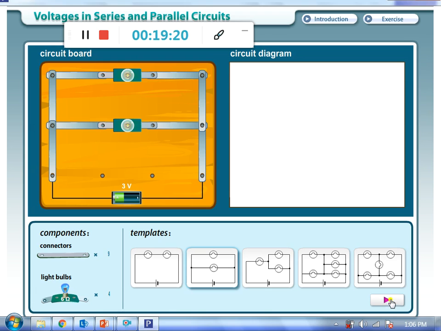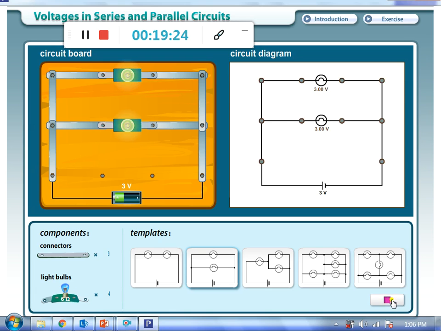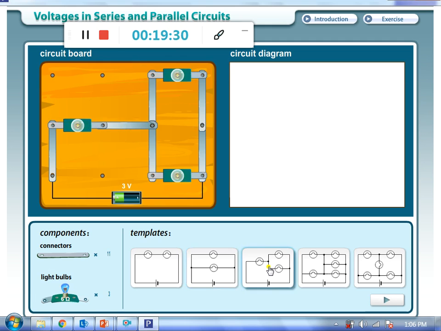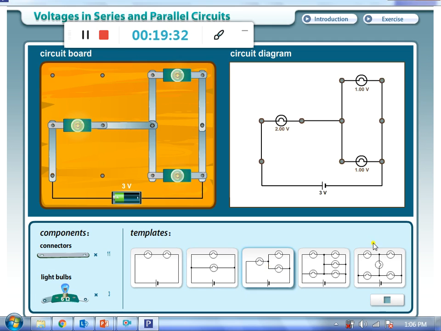For here, this one will be the parallel circuit. They will have the same potential difference. All of them will be 3 volt. The third one seems to be quite difficult. Okay, but in this chapter we will focus on it.